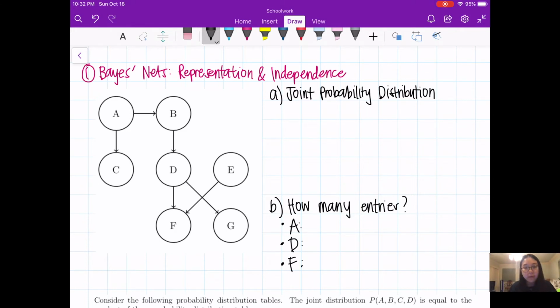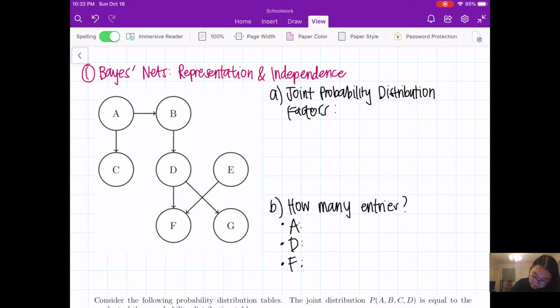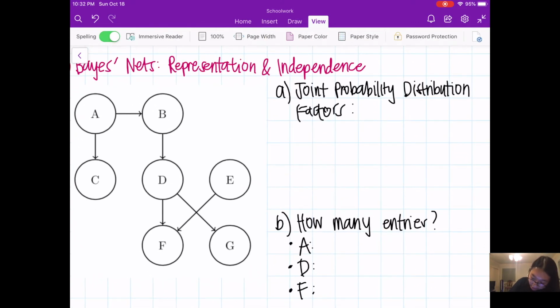Cool. Now the first thing we want to do is to write out the joint probability distribution. So let's first consider what different factors or information from the nodes in this Bayes net that we have, because then we can use those factors and multiply them together to get the overall joint probability. In a Bayes net, all of the probabilities, remember, are the current node given its parent. So based on that, we can first write out the different factors that we have. So we can just start with A and go alphabetically.